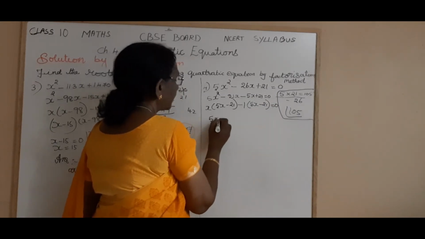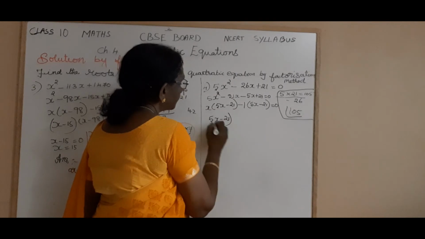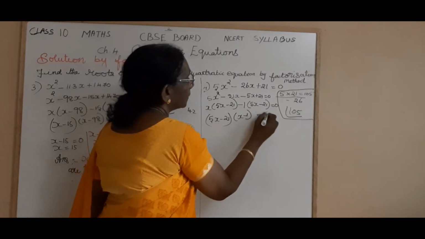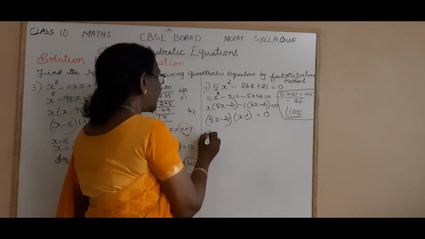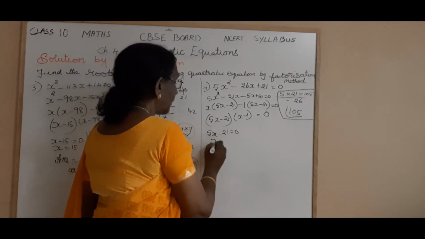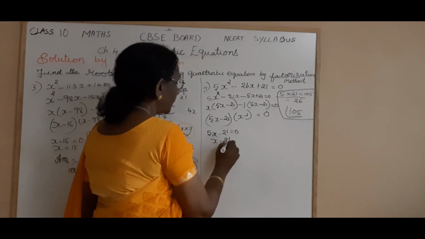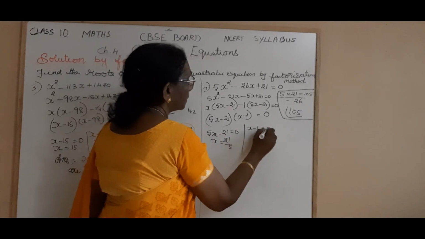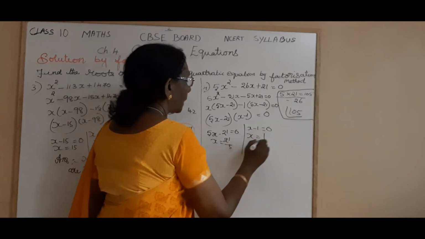So 5x minus 21 into x minus 1 is equal to 0. So 5x minus 21 is equal to 0, x is equal to 21 by 5. And x minus 1 is equal to 0, x is equal to 1.